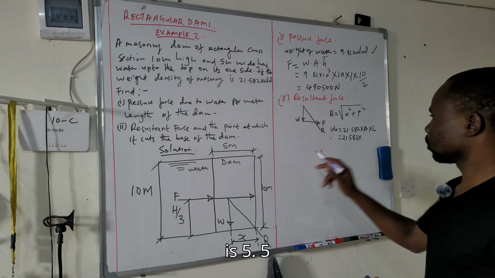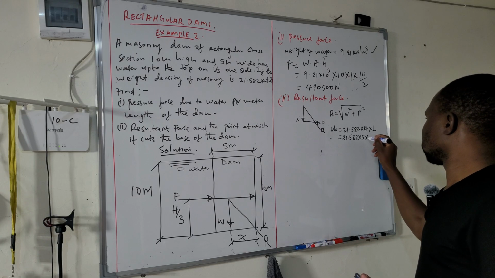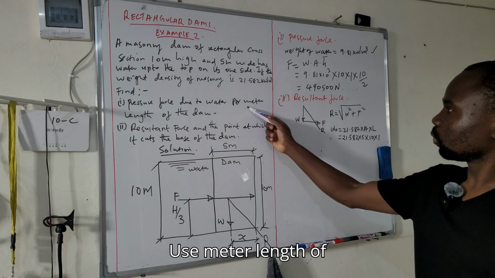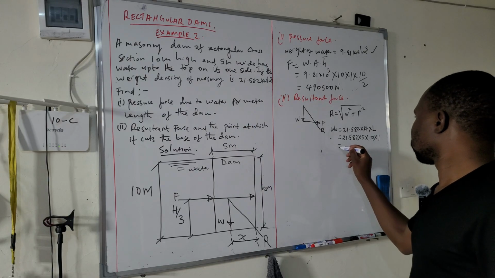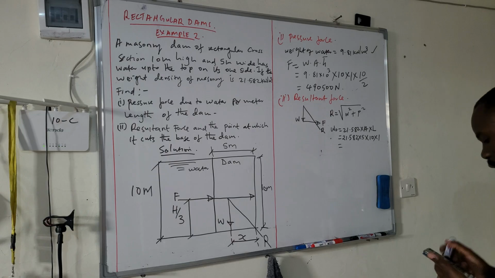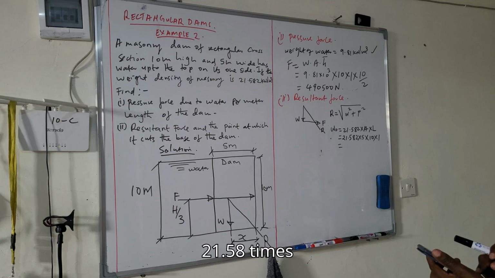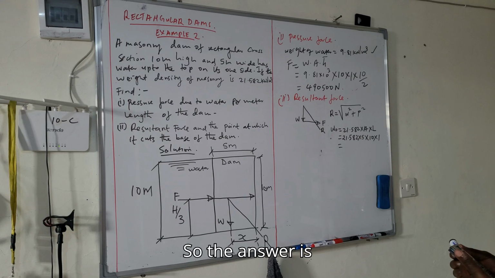The area is 5 times 10 times length 1 meter, per meter length of the dam. So the answer will be 21.58 times 5 times 10.